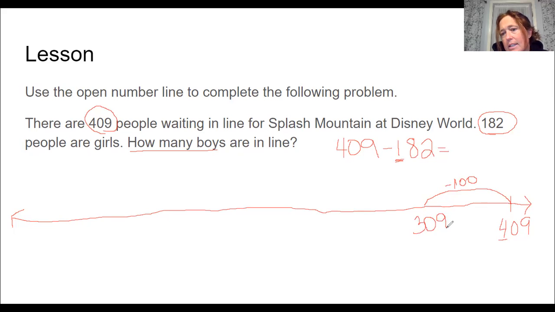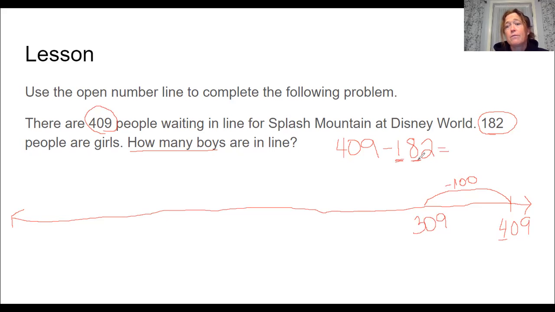Now, the next thing we need to do is subtract the 80, because remember, since we're subtracting the total amount here, 409 minus 182, we've subtracted the 100. Now we have to subtract the 80. Now the biggest issue there is that trying to subtract 80 from 309 is a little difficult.